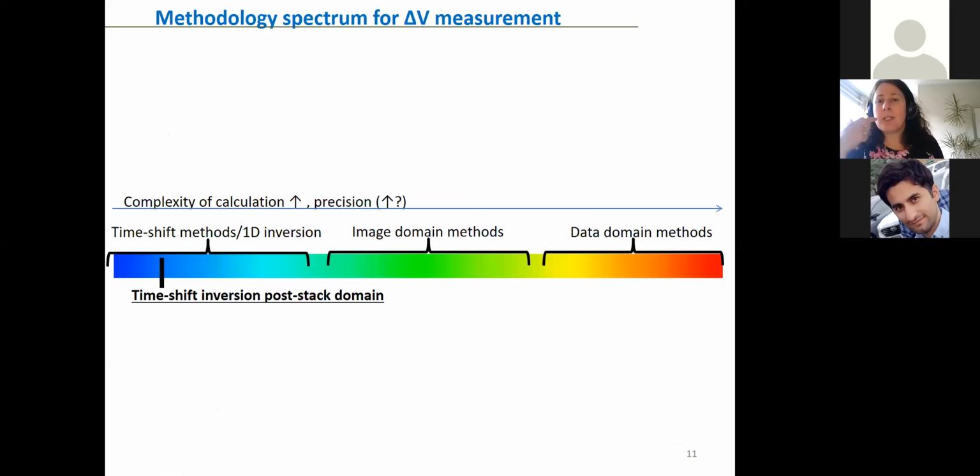So I mentioned I will next present the full spectrum of delta V measurement, okay?